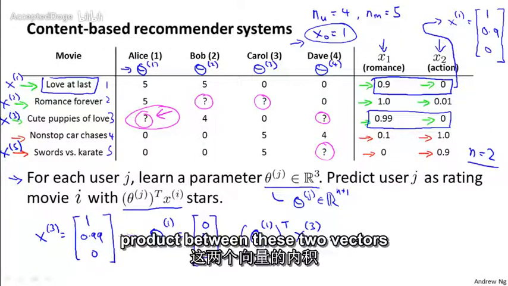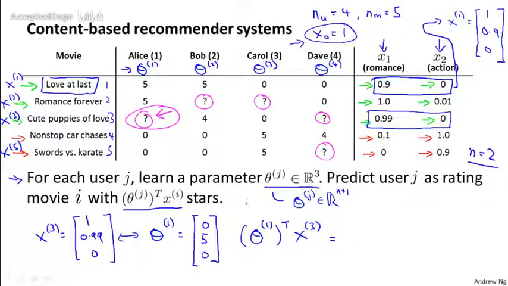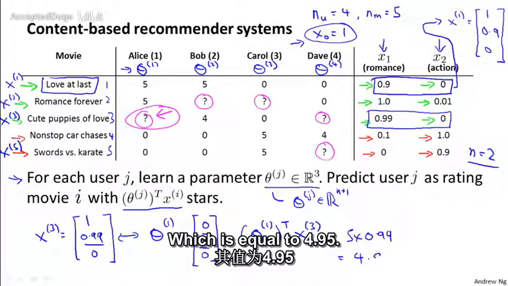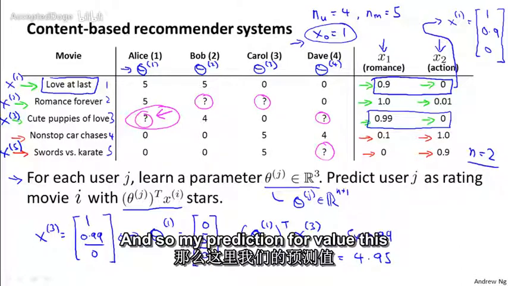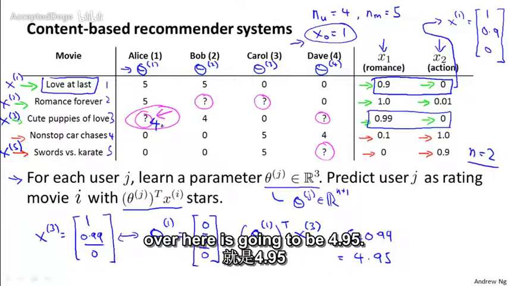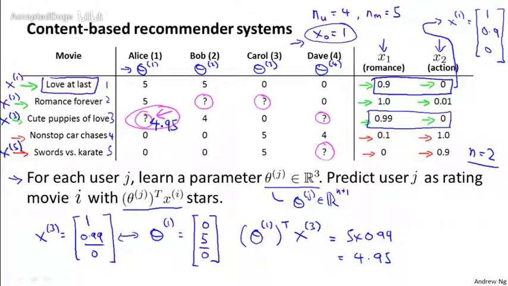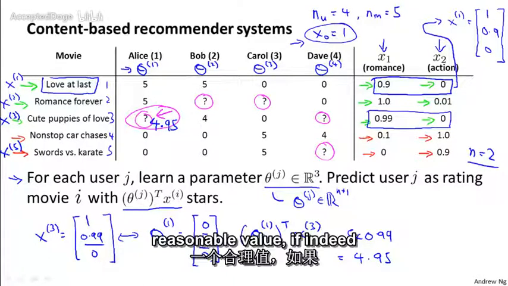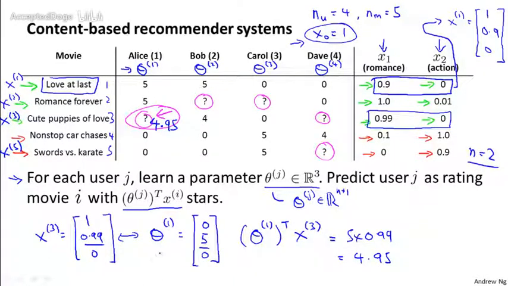And so the inner product between these two vectors is going to be 5 times 0.99, which is equal to 4.95. And so my prediction for this value over here is going to be 4.95. And maybe that seems like a reasonable value if indeed this is my parameter vector theta 1.